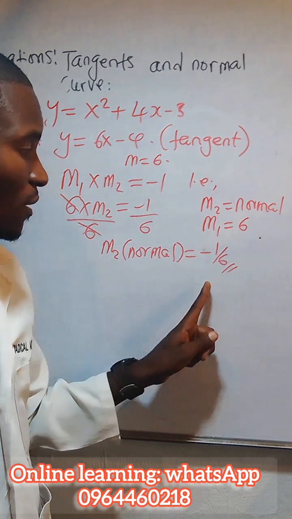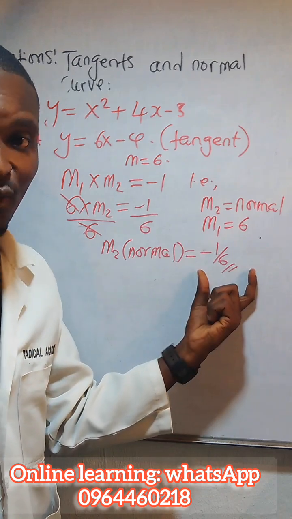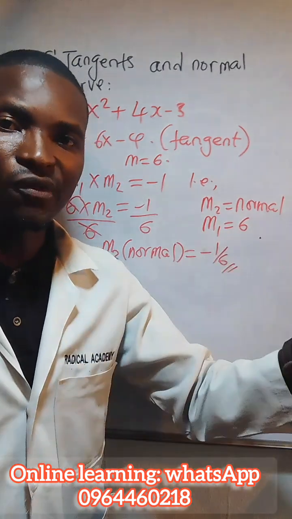is negative 1 over 6. Now we can find the equation of this normal.